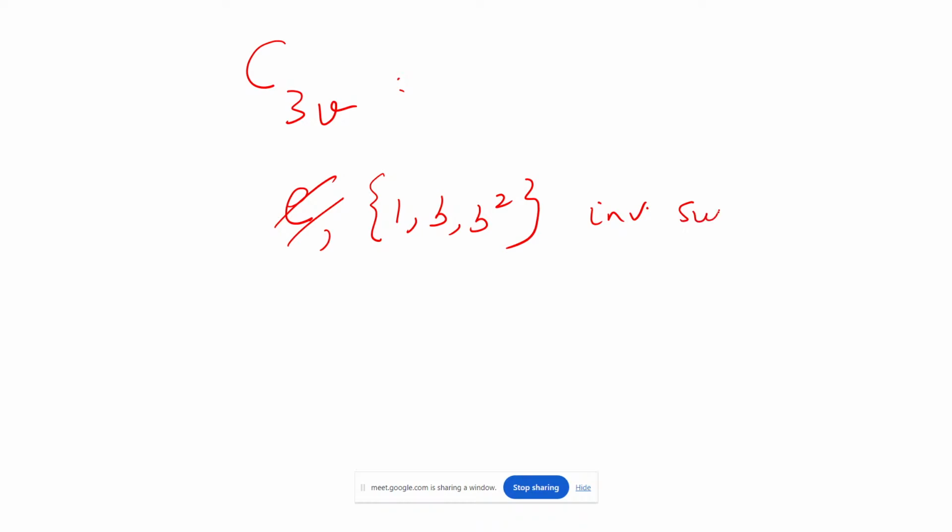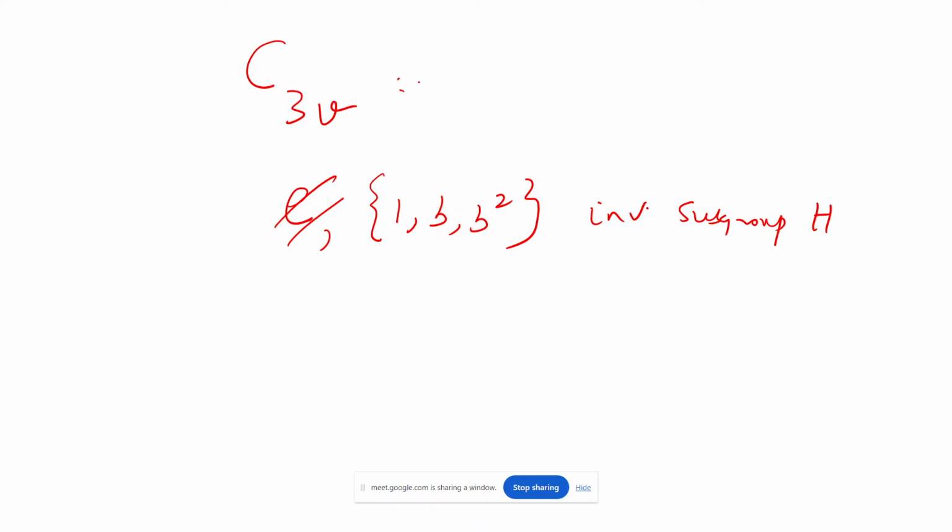So let's take that C3b example. You had identity and a subgroup which was 1, b and b squared. This is the invariant subgroup.